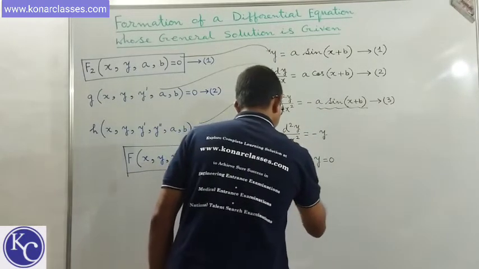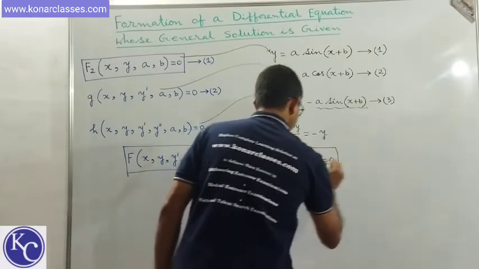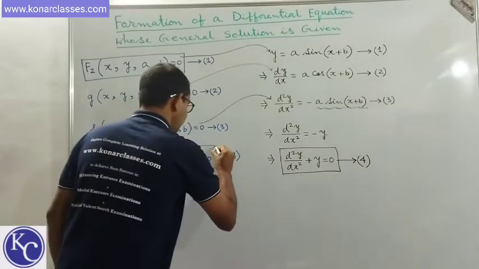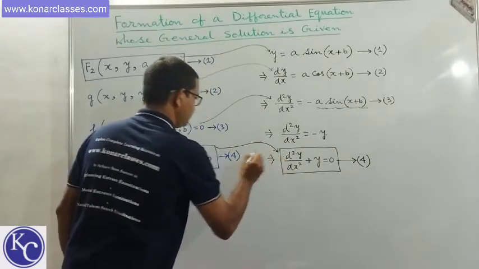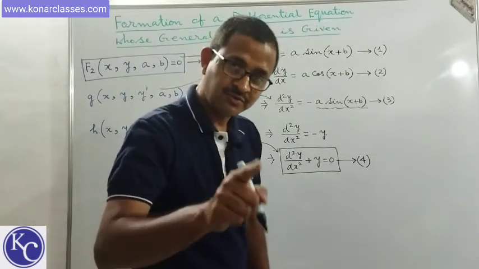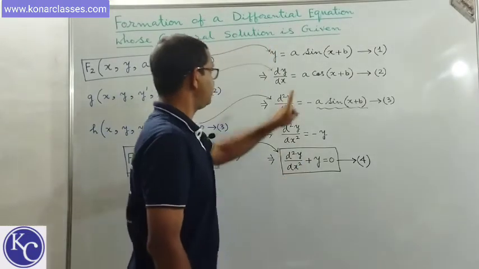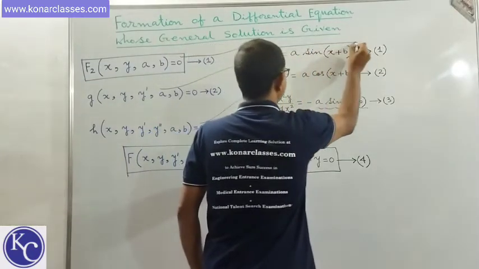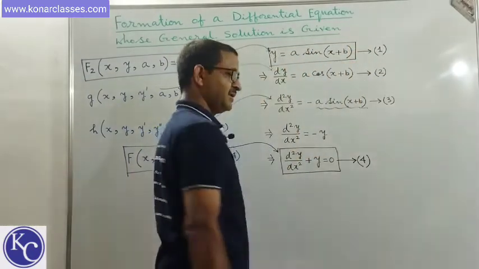As you see, dear students, this particular equation, you can give the name equation 4. It is actually one-to-one corresponding to this one. So this equation d2y/dx2 plus y equal to 0 is the differential equation represented by the family of curves y equal to a sin(x + b). Correct?